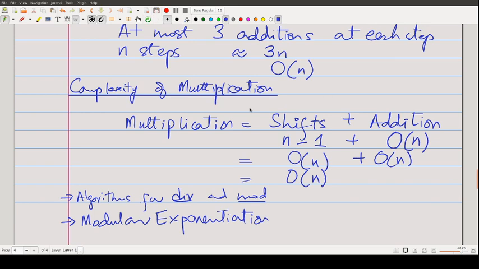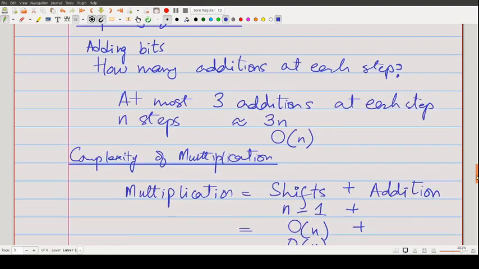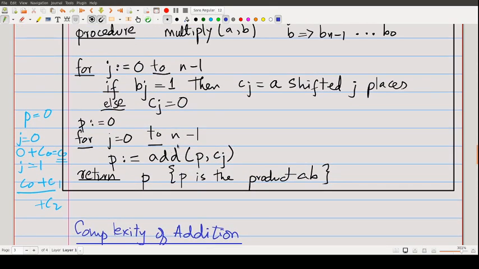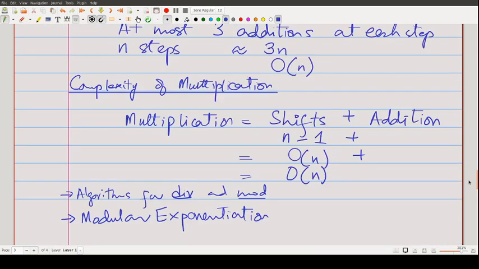Okay, I seem to have made a mistake here. Addition is O(n), but actually what we're doing is n minus 1 additions.